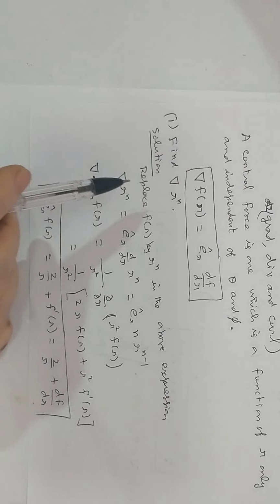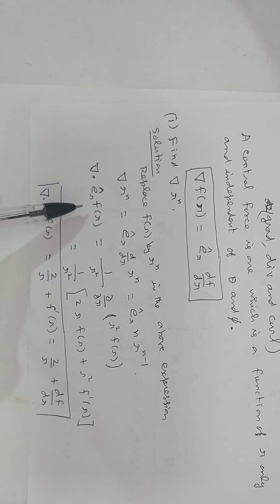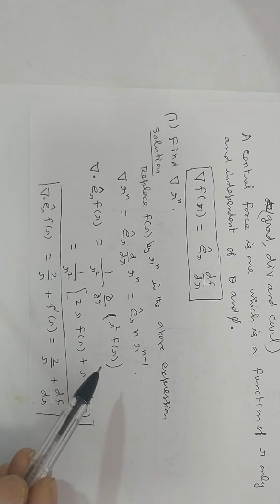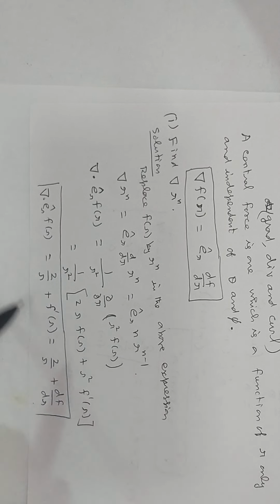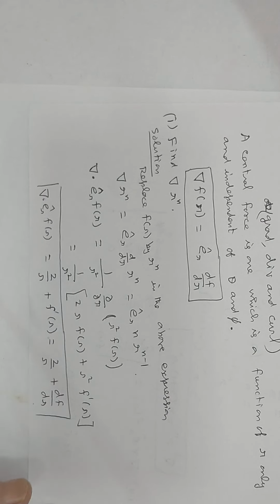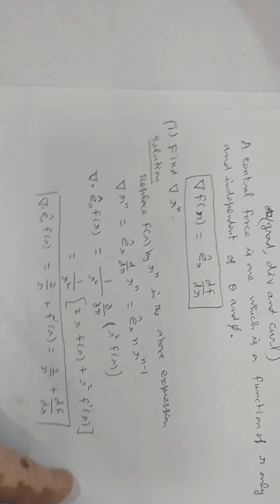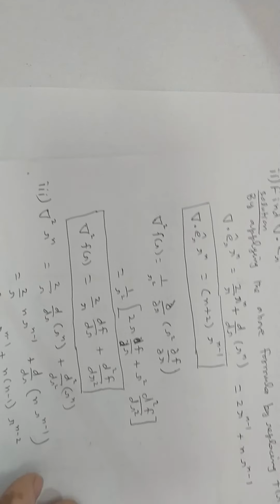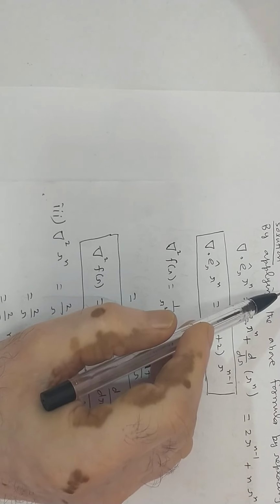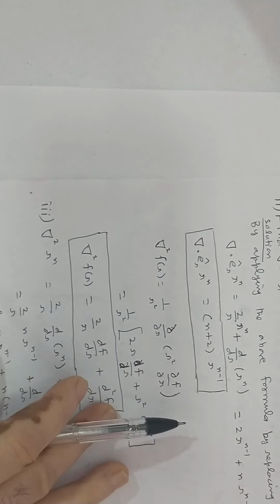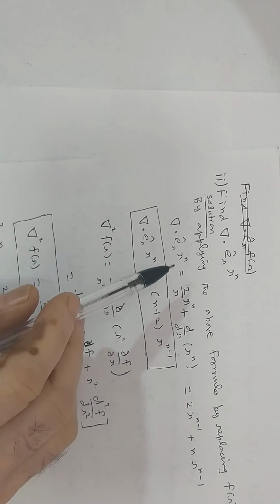The next question is divergence of e_r f of r. Again, the expression for divergence, from this equation 2, is reduced to this form. This can be simplified: divergence of e_r f of r is equal to 2 by r f plus f prime of r, that is, 2f by r plus df by dr. So the question usually asked in the examination is divergence of e_r r power n.